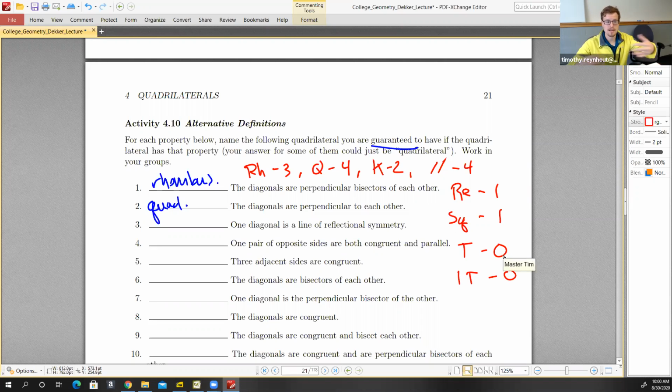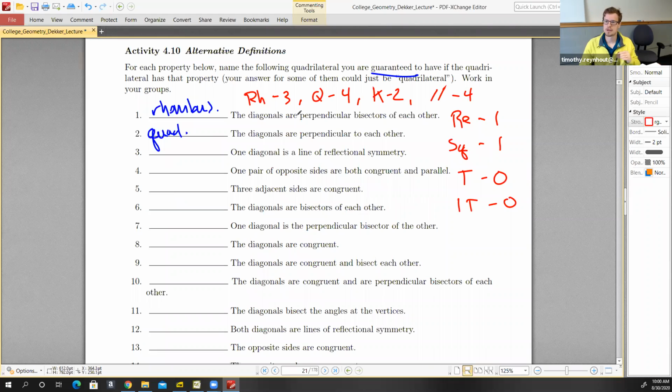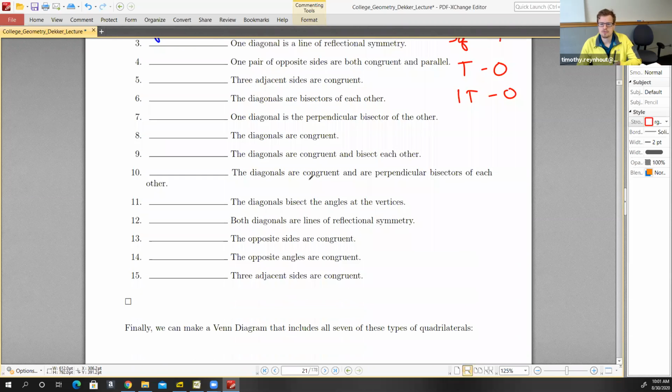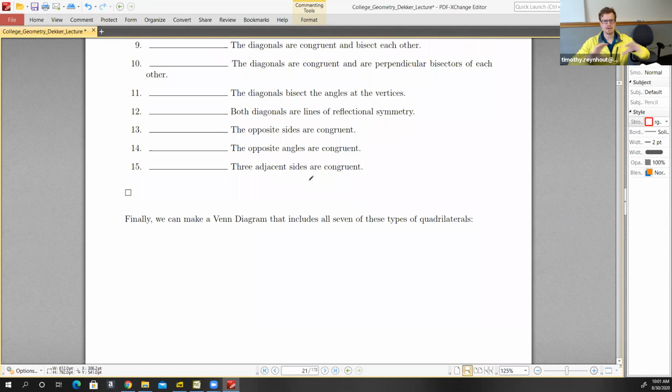So now you know how many of these things you should have to help you assess whether you've got the correct answers or not. This is just an aid in helping you identify if you are unsure. It shouldn't be a puzzle for you to fill in with the correct number. All right. So the next thing I want to do is take a look at a Venn diagram that relates all of our 7 quadrilaterals to one another.